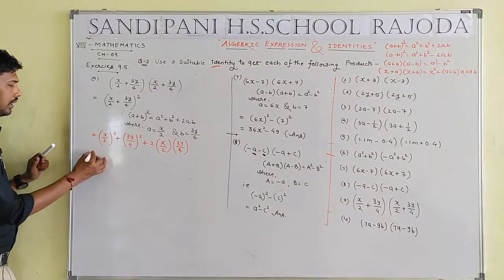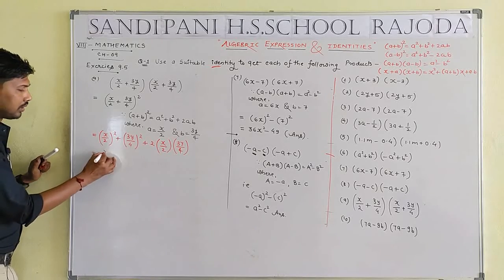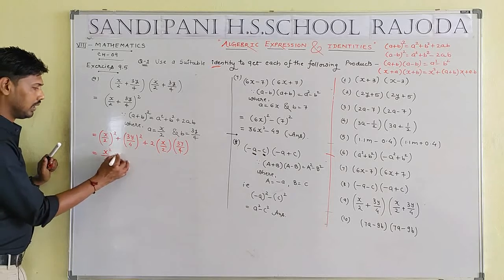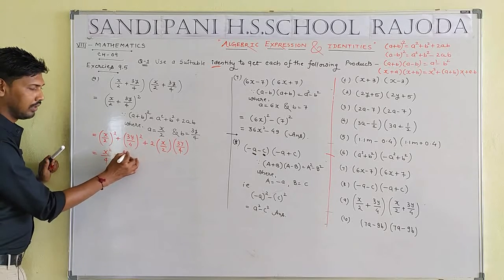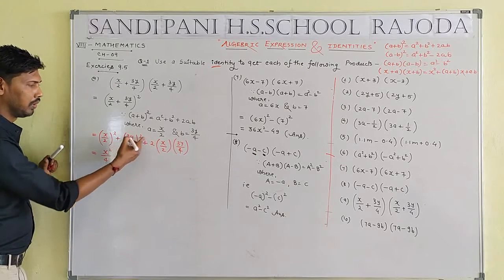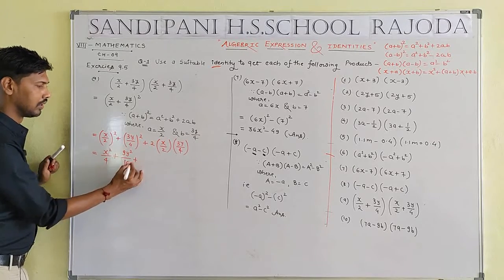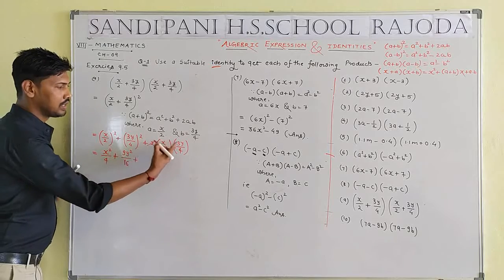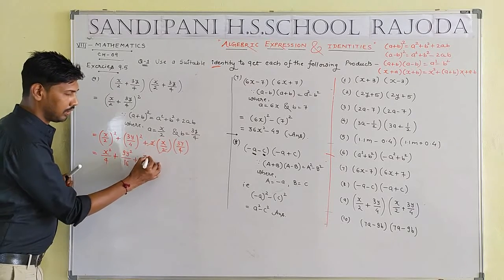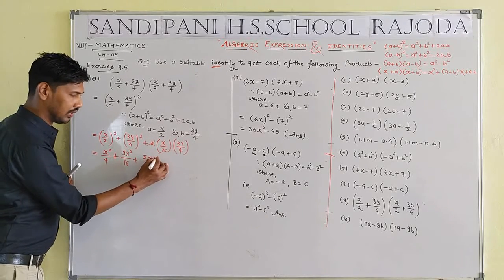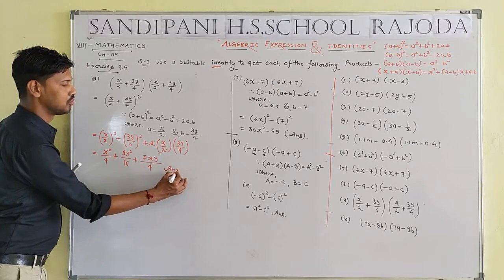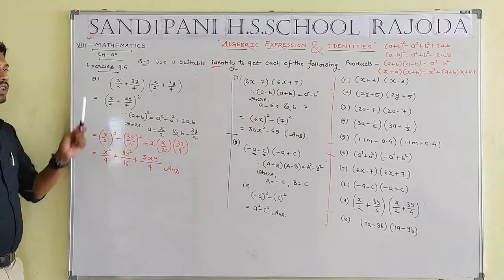Okay student, here whole square, that means x square, 2 2s are 4, 3 3s are 9, y square, 4 4s are 16, 2 divided by 2, then x will be multiplied by 3y, so we get 3xy divided by 4. That is the required solution for question number 9.